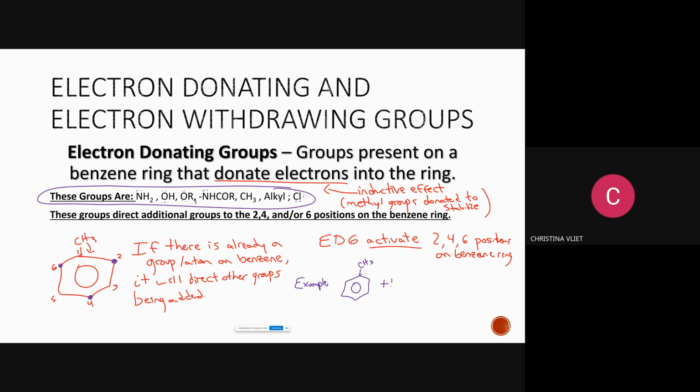If I have this, and I have this, where are the 3 possibilities where this bromine can be added? Technically, it's only 2, because it's symmetrical. So the 2 and 6 positions are the same. So what are the 2 places I can put this bromine? Where does the CH3 direct bromine to?